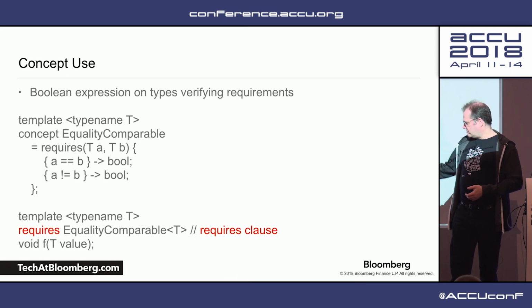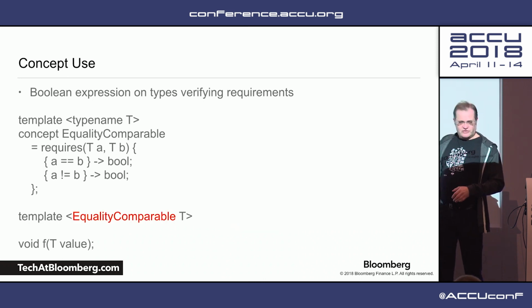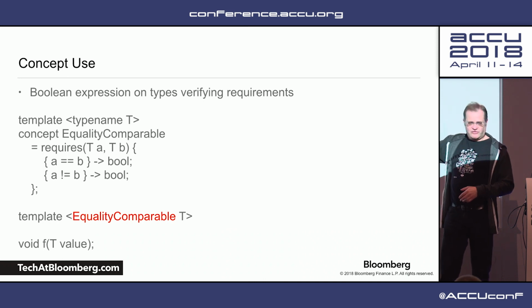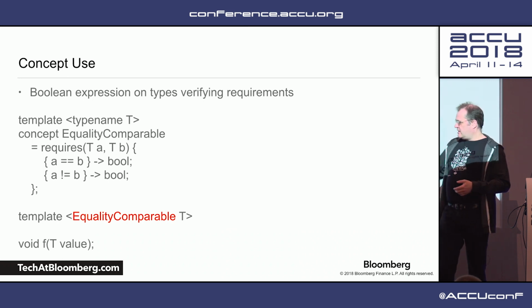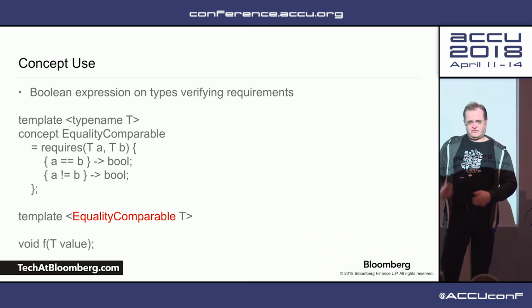So there's an alternative notation. This notation and this notation are entirely equivalent. It basically says, over here we express, instead of typename, why repeat that unnecessarily, equality comparable. And the argument actually gets into the first argument.